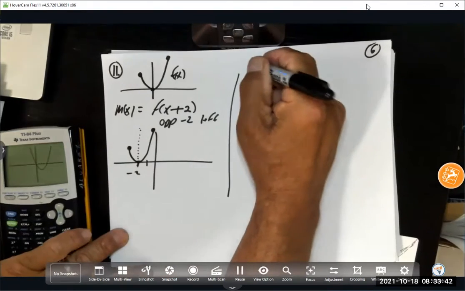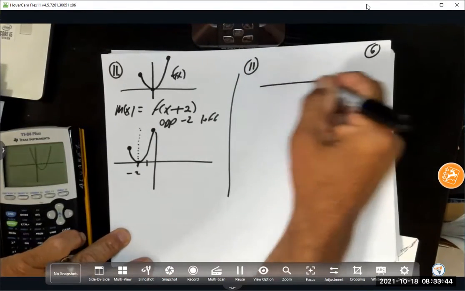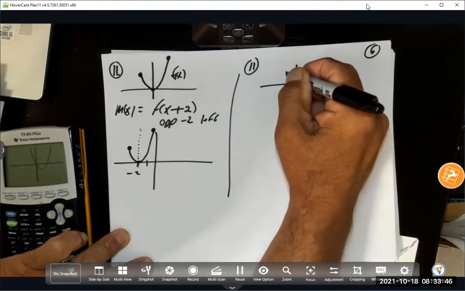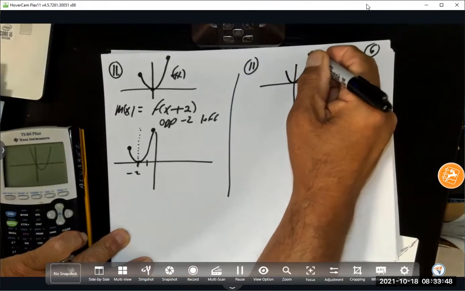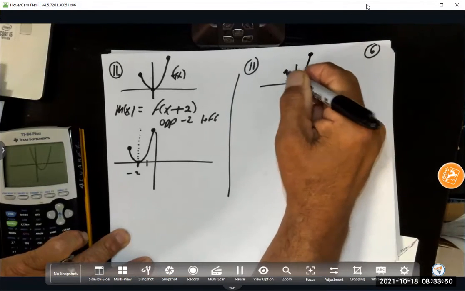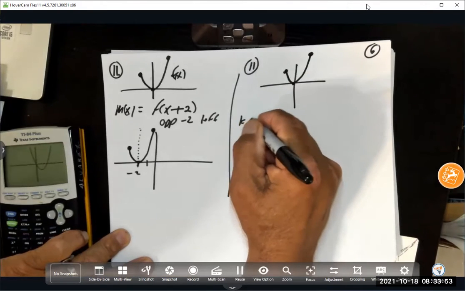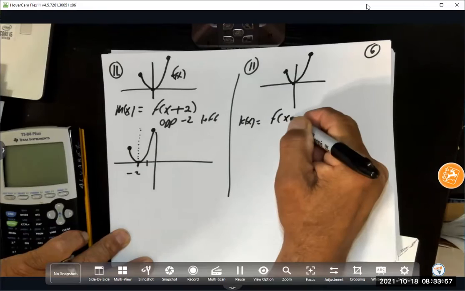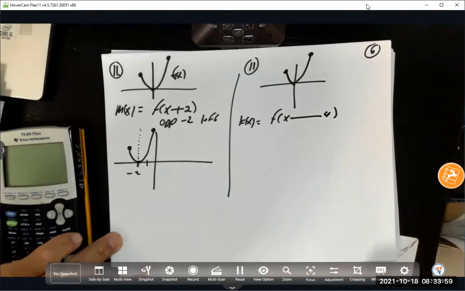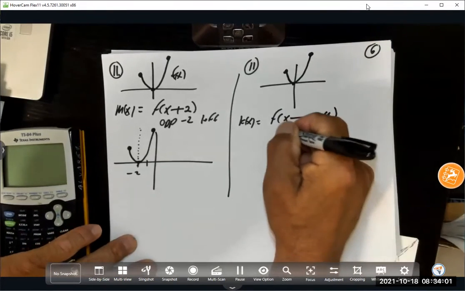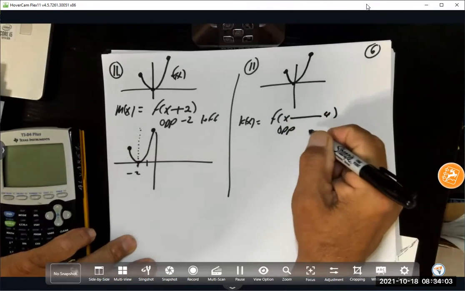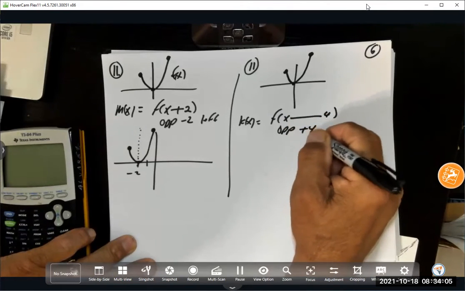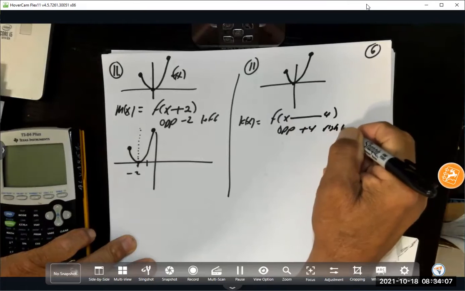Now let me do another one, just the opposite of that. Okay. Here's a graph again. The same graph goes right here. Done. And it says k of x is f of x minus 4. Okay, you know it's going to do the opposite of this thing. So it's going to be not negative, it's going to be +4 to the right.